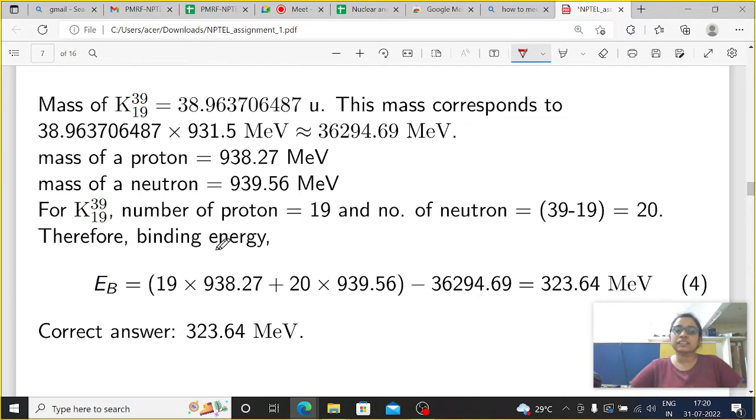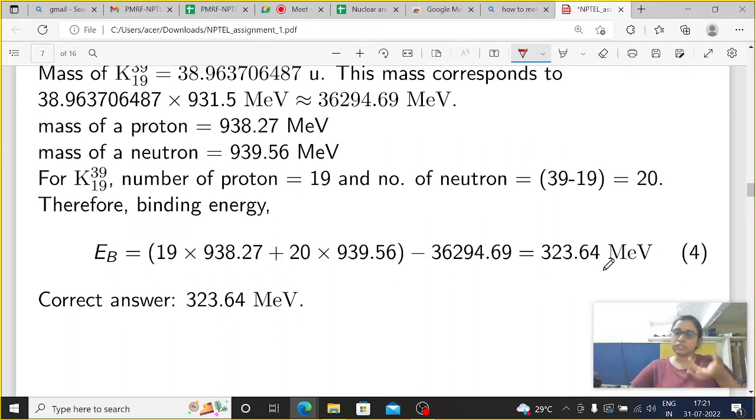So the binding energy is 19 into 938.27 plus 20 into 939.56, which gives the total mass of the protons and neutrons, minus the mass of potassium, the nucleus. So the binding energy is 323.64 MeV, obviously in units of MeV, because I have converted all the masses into MeV.